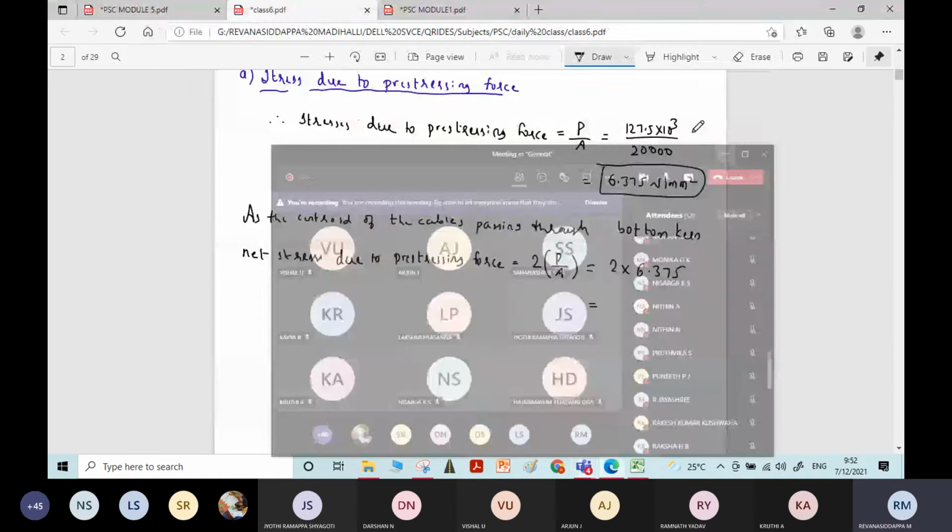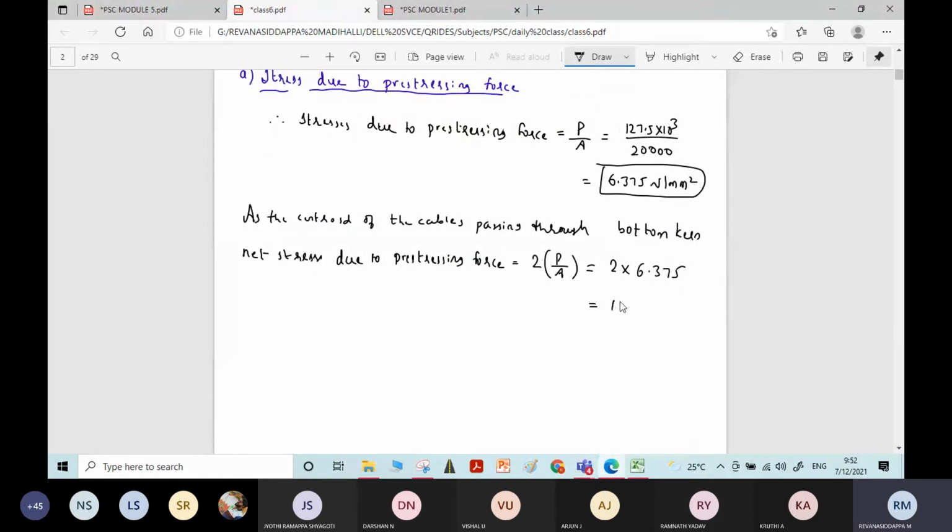Yes, 12.75 Newton per mm square, 2 times the direct stress.